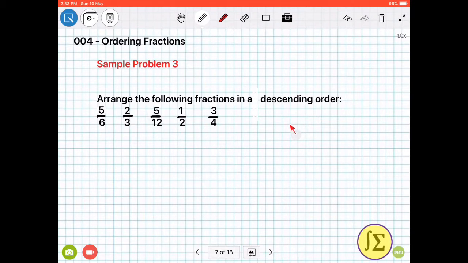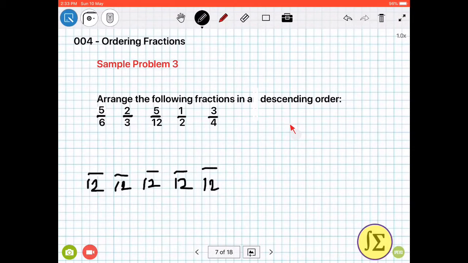So the first thing we're going to do is convert them to equivalent fractions with a denominator of 12 before we do the comparison, okay?